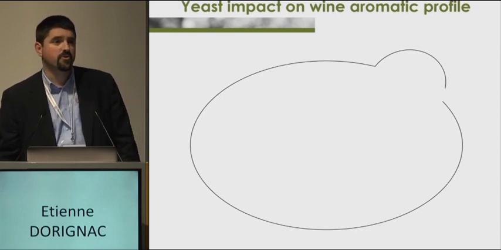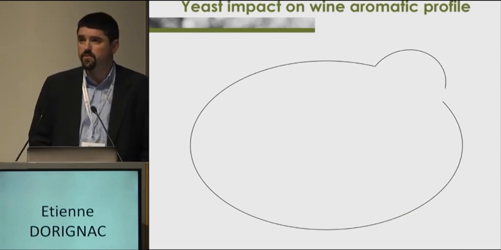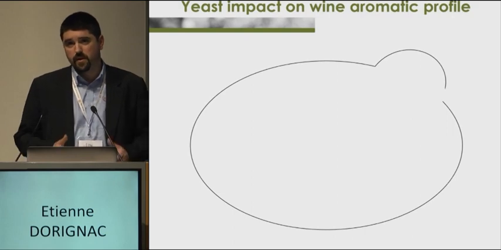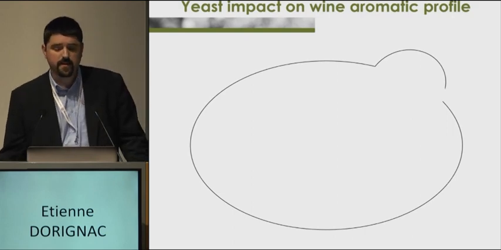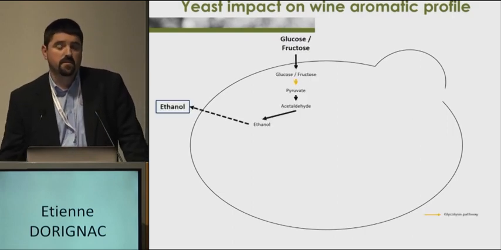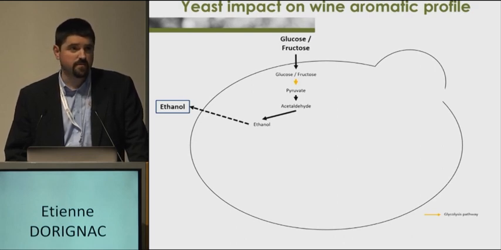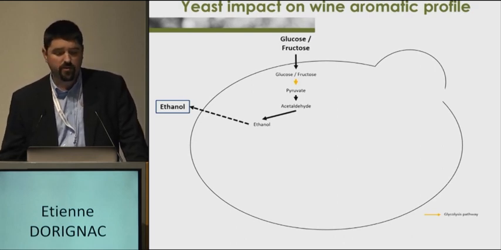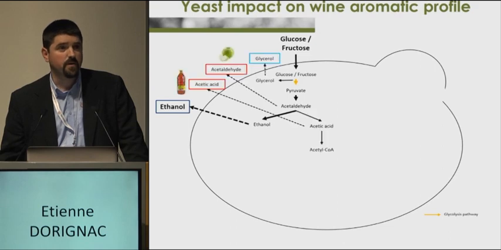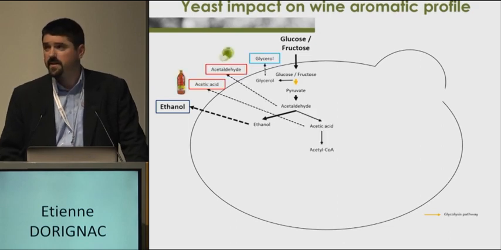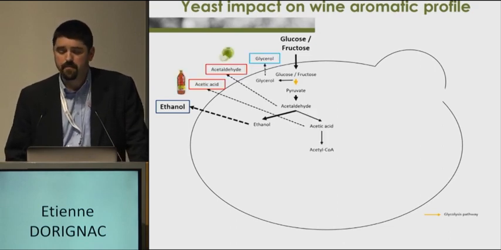So a bit on the introduction first, on the yeast impact on wine aromatic profile, because we will mainly focus on that. What is yeast? Yeast is basically the microorganism that does the fermentation and produces the alcohol through the glycolysis pathway. But even through this pathway, you have certain compounds that are already released.